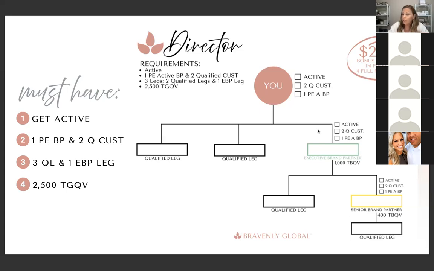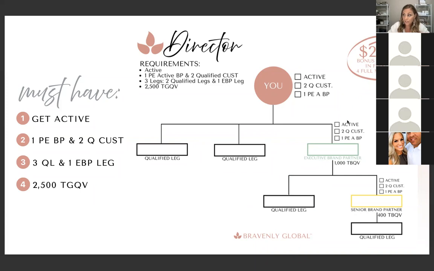Okay, so a couple other things I do just want to let you guys know as we're talking about this chart is you do have to have 3 qualified legs, and one of those legs, somebody in that leg has to be an executive brand partner. Okay, so it doesn't have to be your personally enrolled person, and it doesn't even have to be the person direct to you. Just somewhere in a leg, there has to be an executive brand partner.